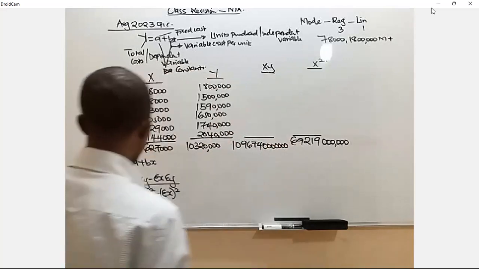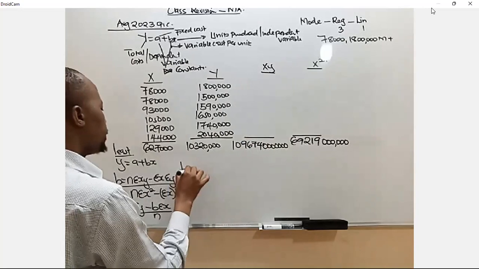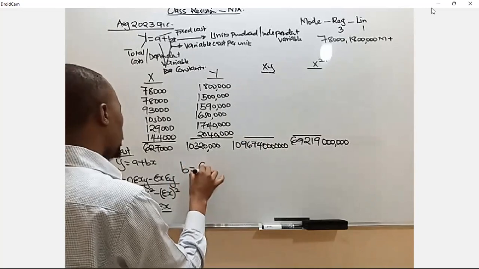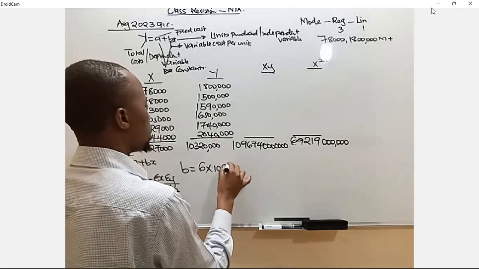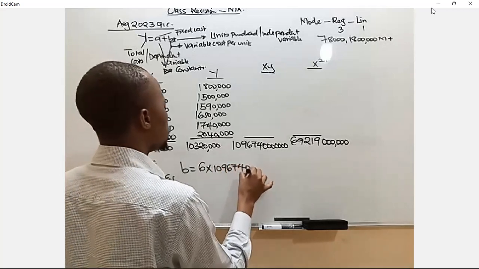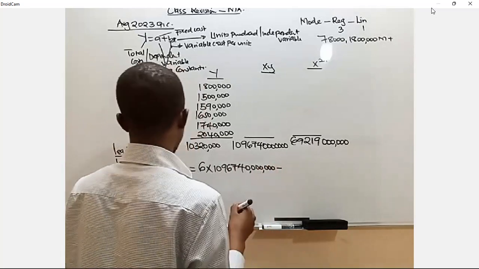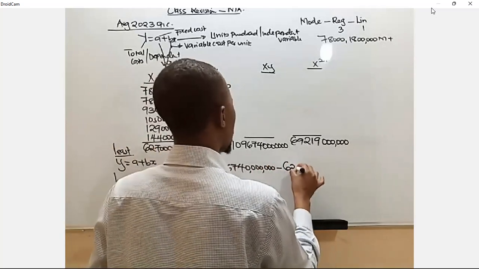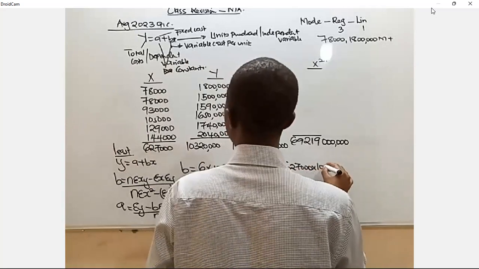Now I can put my data here. To get my b, you are going to take n, which is 6, times 10, 96, 74 with the zeros, minus the summation of x, 627,000, times the summation of y, 10, 320,000.